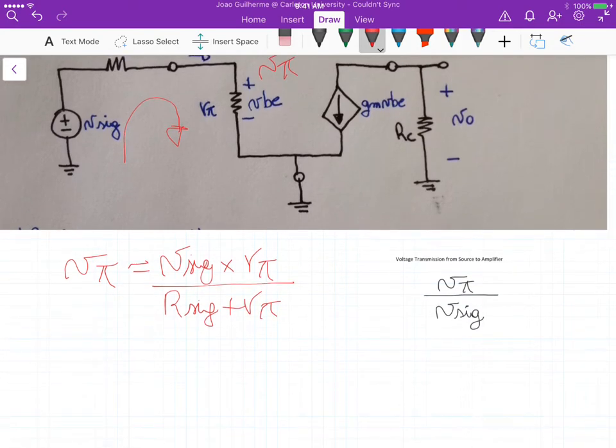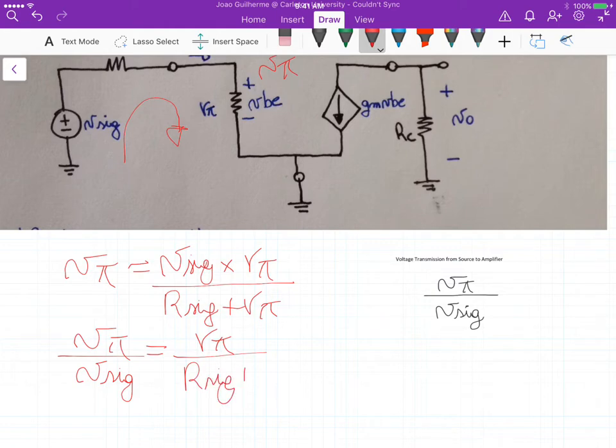If we isolate the ratio V pi over V signal, this gives us R pi over R signal plus R pi. And that's the voltage transmission from source to amplifier.